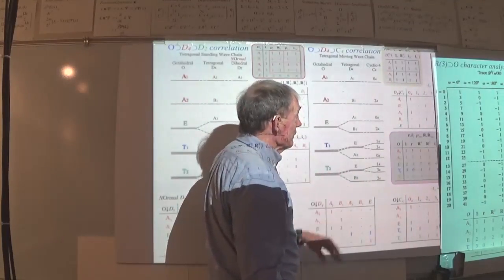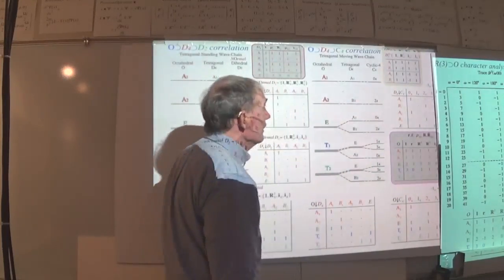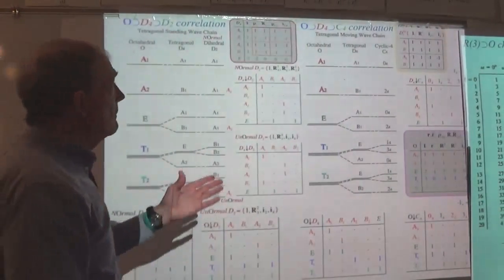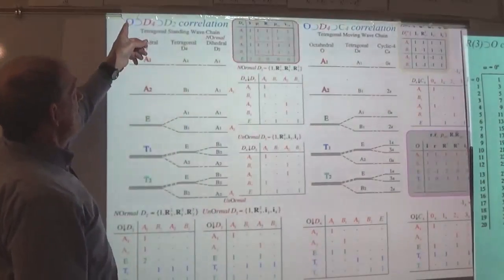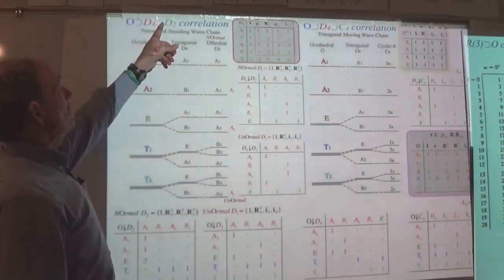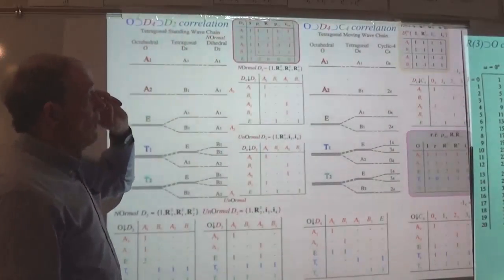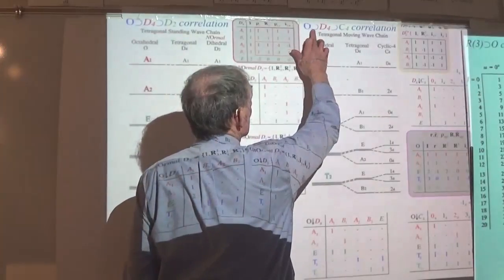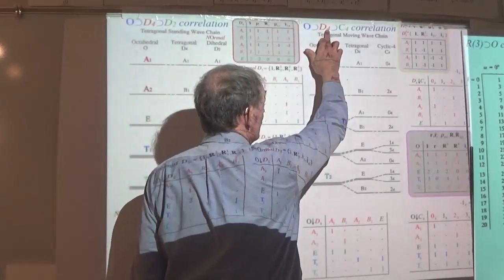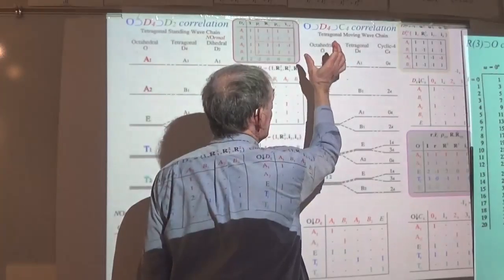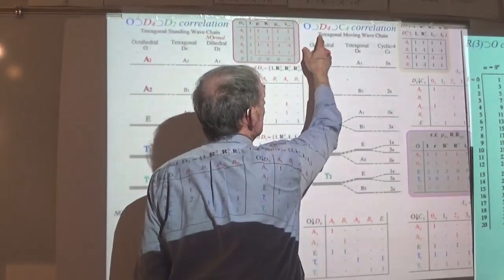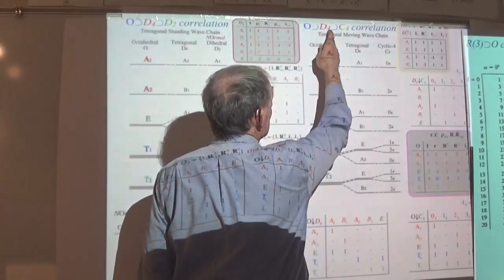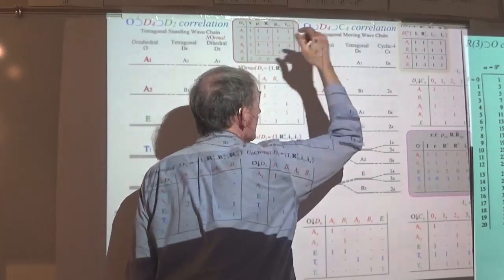Well, this is how they split. This is the level correlation diagram for some examples. In this case, dropping to D4, which has a subgroup of D2. Or the one that we're going to use today is something that goes from O, drops to D4, which is square symmetry as opposed to cubic symmetry, and then just dropping down somehow by rotating it. That's what rotors do. They break this into a C4 symmetry.